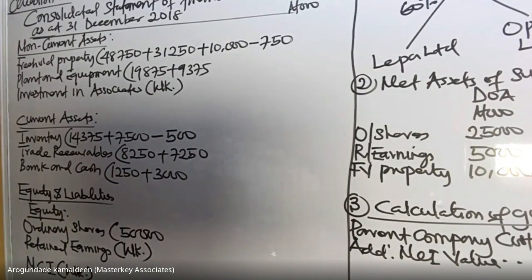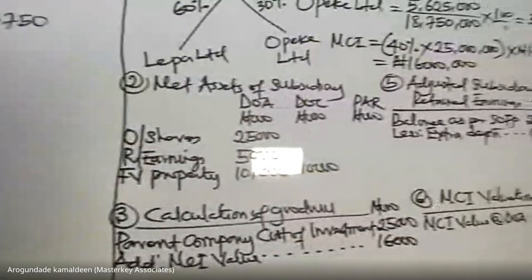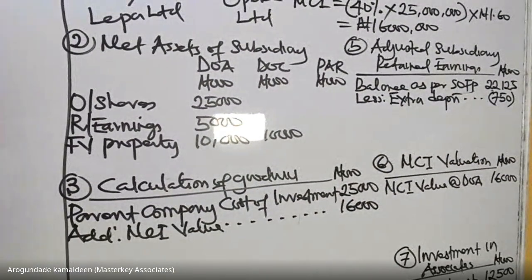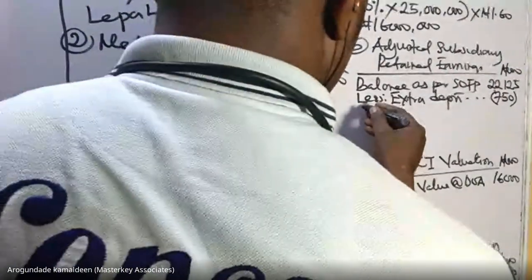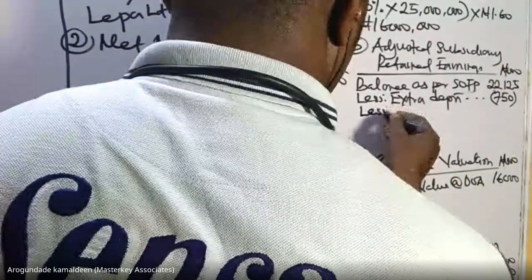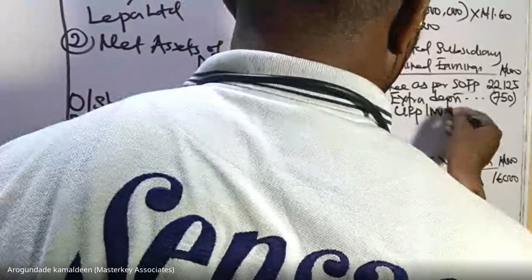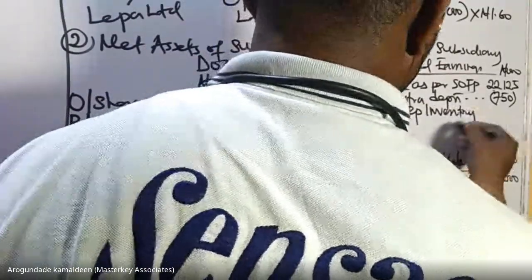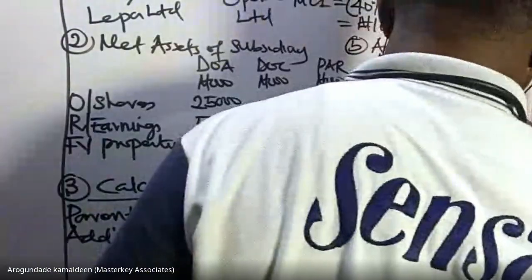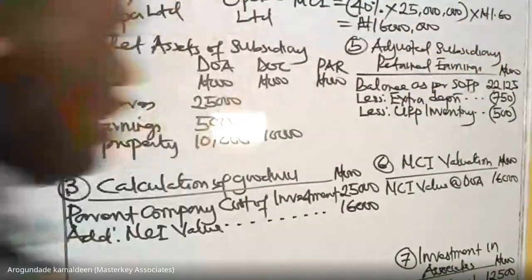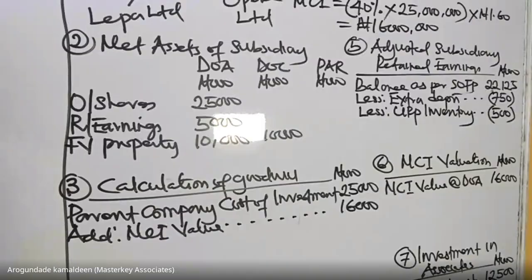The seller of this good is the subsidiary. URP, 500,000.